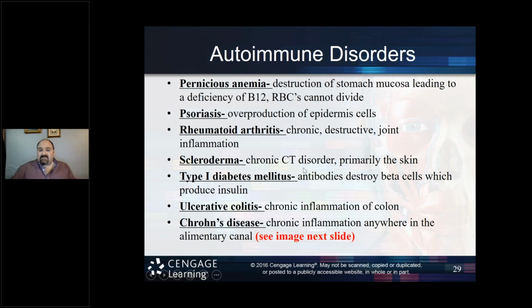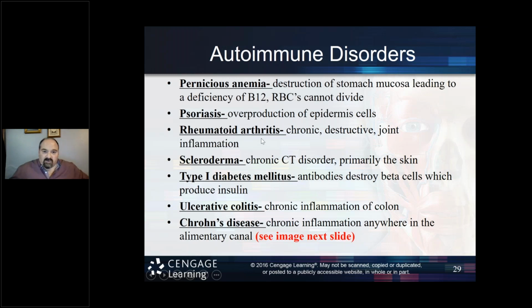It's a chronic connective tissue disorder that primarily affects the skin and can create issues where, for my aunt, around her oral cavity, around her mouth, the tissues of that area of her face had become very tight, and so it was extremely difficult to even get food in her mouth and to have dental work done. And it affects other parts of the body, not just those areas there. So scleroderma is again another nasty autoimmune disorder, again in the family of the rheumatoid types of disorders.